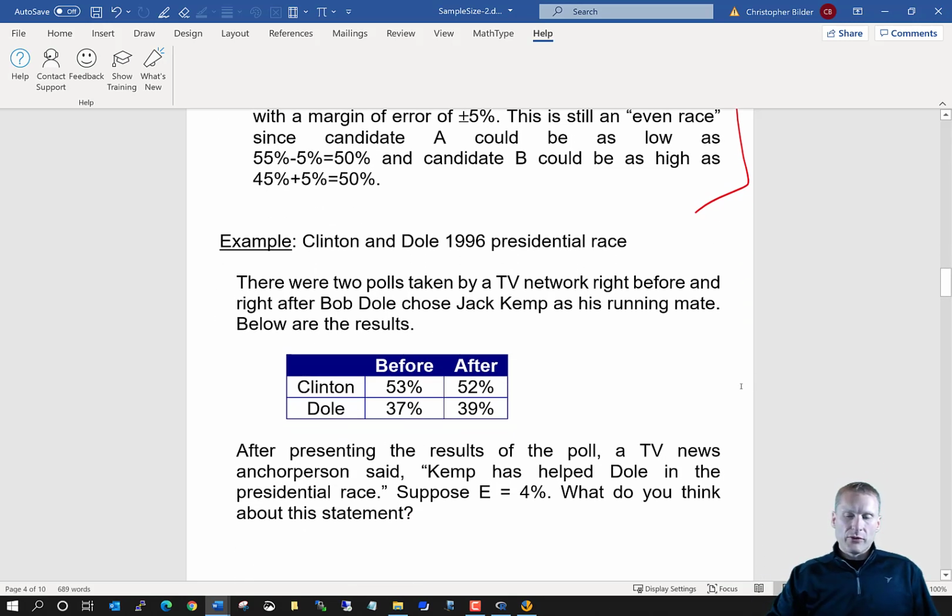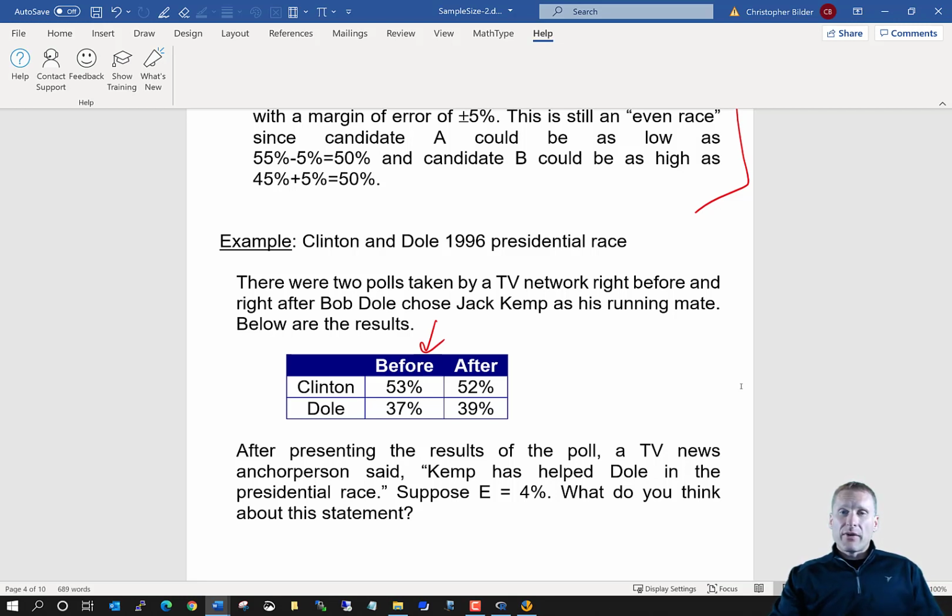I was watching the news one night, and it was Bill Clinton versus Bob Dole in the 1996 presidential race. There were two polls taken by a TV network right before and right after Bob Dole chose his running mate, his vice presidential candidate. Here are the results. Before the choice was made, Clinton was at 53% in a particular poll, and Dole was at 37%.